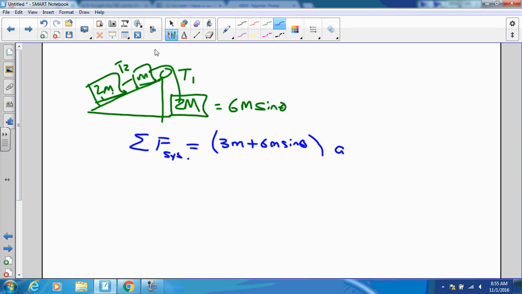Okay, good. Now fill in the details. Equals 6mg sine theta minus 3mg.